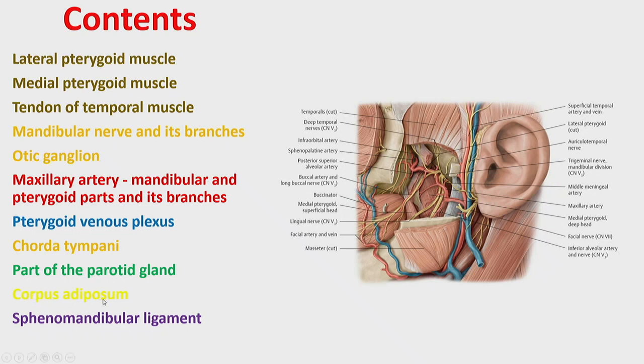The corpus adiposum, or buccal fat body, which comes from the temporal region down to the buccal region, is a content of the infratemporal fossa. And finally, some literature writes that the sphenomandibular ligament is also a content, and it's true because it is attached to the lingula, which is on the inner surface of the mandible.